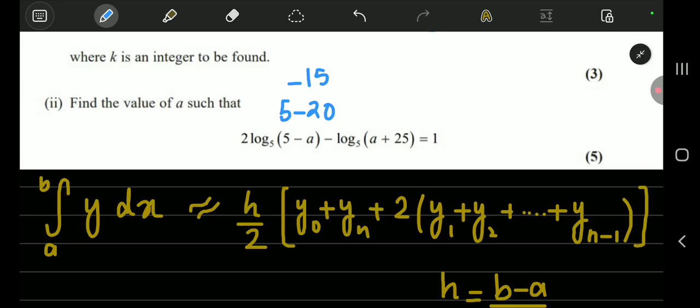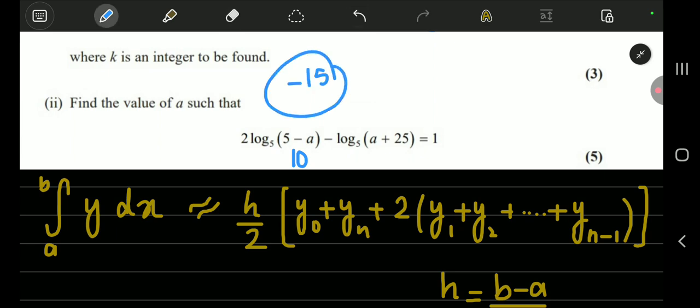Secondly, for minus 5, 5 minus minus 5 would be 5 plus 5, 10, and 25 minus 5 will be 20. So only this way are we getting a negative one.